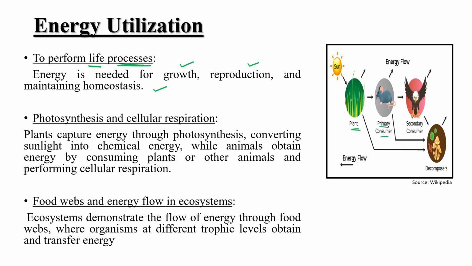They consume the plant and get their food from the plant, right? Energy flows from sun to plant and plant to primary consumer, and obviously from primary to secondary and then tertiary and finally decomposers. So this is how energy moves from one level to another level, right?